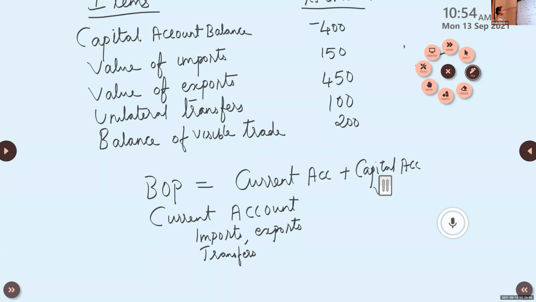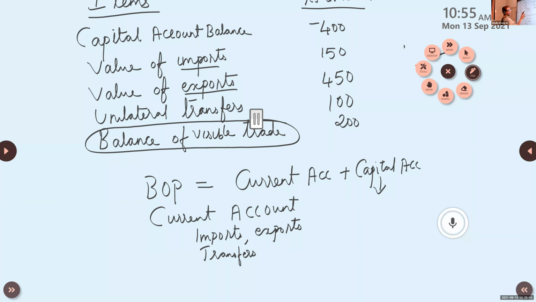Why do we say import and export? When we talk about import and export, it includes goods and services. Transfers are not included. Now, balance of visible trade: why do we not need to take this?